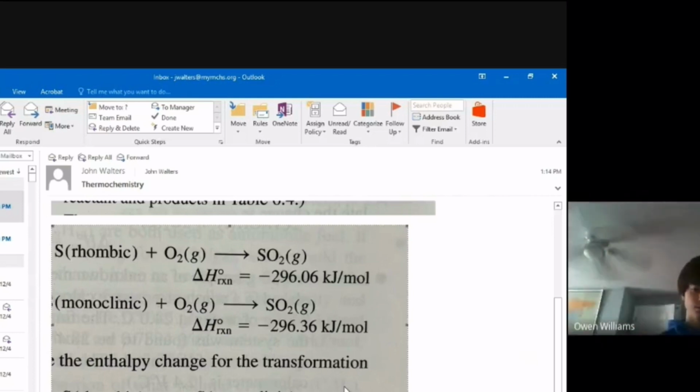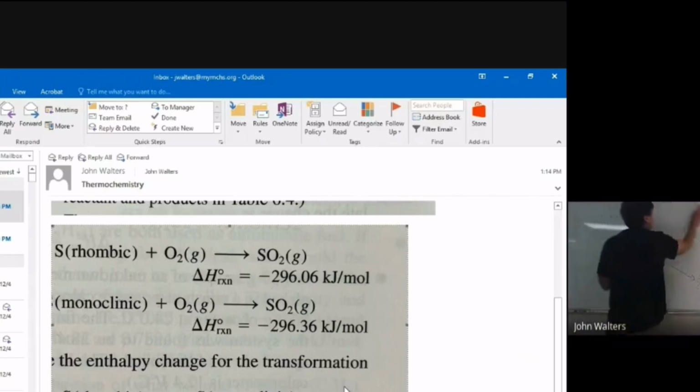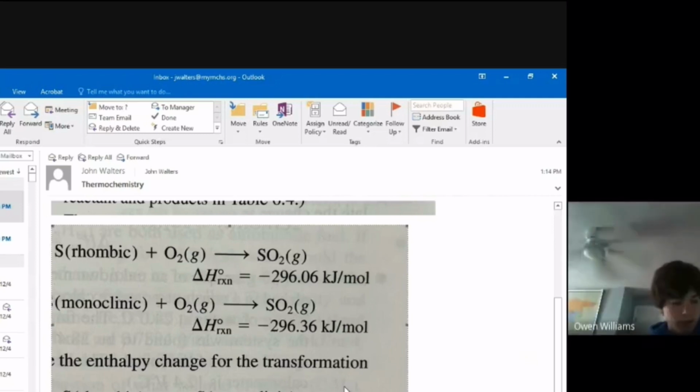I'm almost done. 1 second. Is it negative 0.03 kJ per mole?